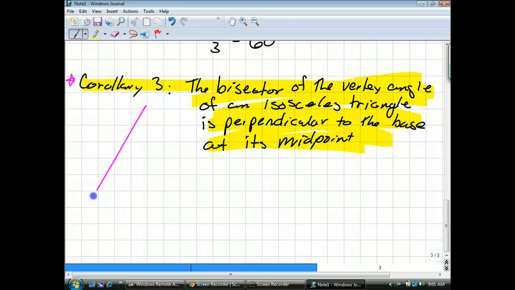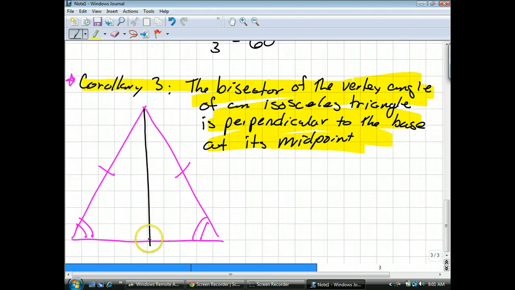So you have an isosceles triangle. Okay, so if it's isosceles, we already know that this side is congruent to this side, and this angle is congruent to that angle. Now this corollary says that if we drop an angle bisector, which would make this angle congruent to that one by definition of angle bisector, okay? And so then this point here is going to be a midpoint.